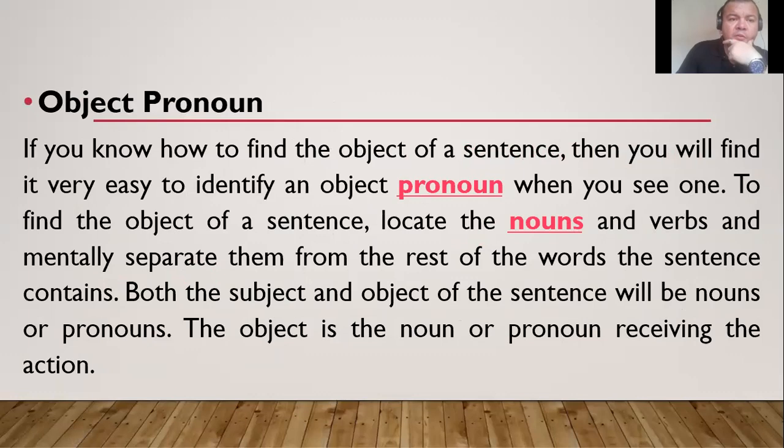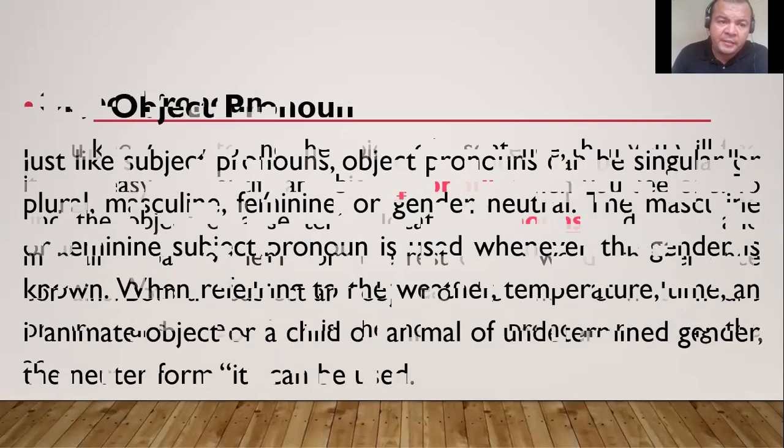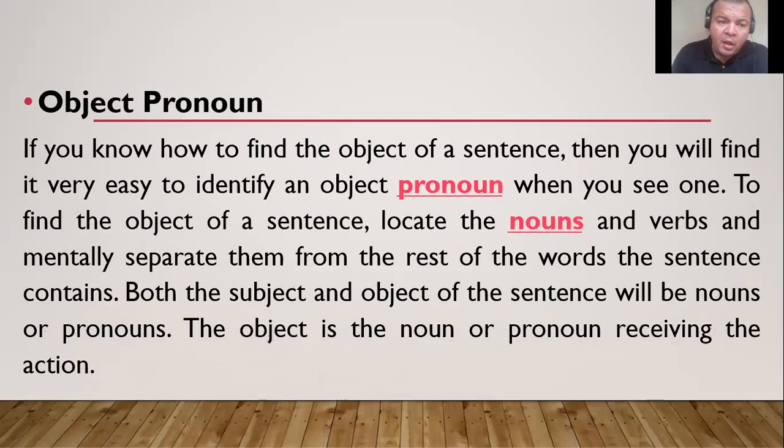If you know how to find the object of a sentence, then you will find it very easy to identify an object pronoun when you see one. To find the object of a sentence, locate the nouns and verbs and mentally separate them from the rest of the words the sentence contains. Both the subject and object of the sentence will be nouns or pronouns. The object is the noun or pronoun receiving the action.